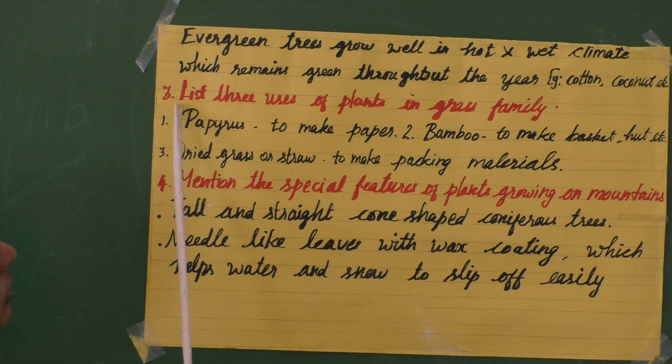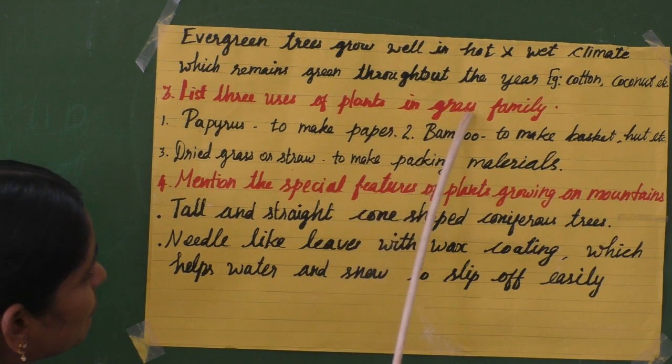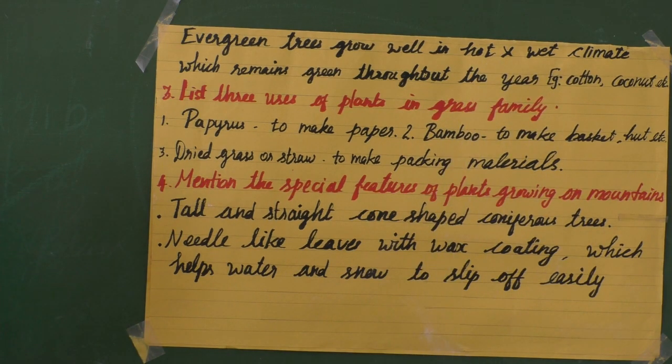Next, third question. List 3 uses of plants in grass family. Grass family plants க்கு 3 uses, பயன்கள். 1. Papyrus, to make paper. Can write simply because you are in 4th standard, you can write it very simply. Put one small hyphen, you write to make paper. Papyrus, to make paper. Bamboo, to make basket, hut, etc. You can write few more examples also.